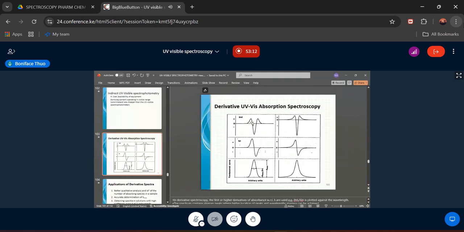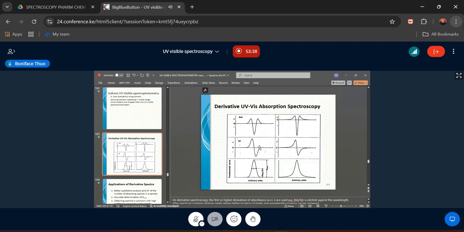For example, if you were to plot the first derivative of a peak, you'd see that the absorbance is increasing and then decreasing. So where that line intercepts the zero change, that gives you the lambda max. So this method is very useful for determining the lambda max.